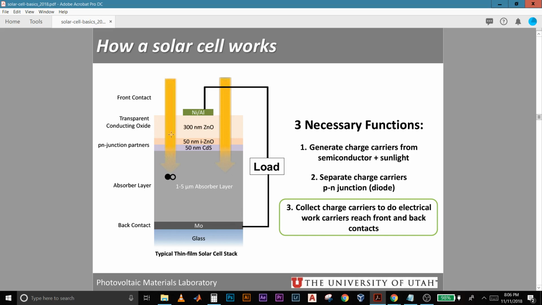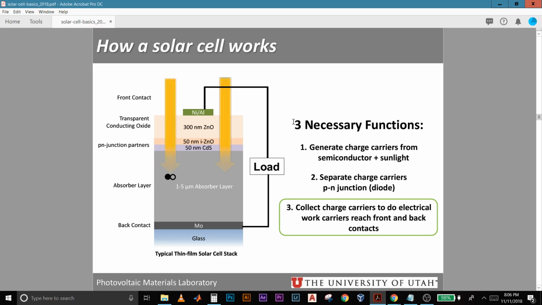There are transparent conducting oxides and pn-junction partners, which are responsible for carrying the charge across the device. And lastly, we have glass, which acts like a backing for the solar cell. Now, if we connect a load across the front and back contacts, we can power the load using the electricity which is produced by the solar cell in the presence of photons.